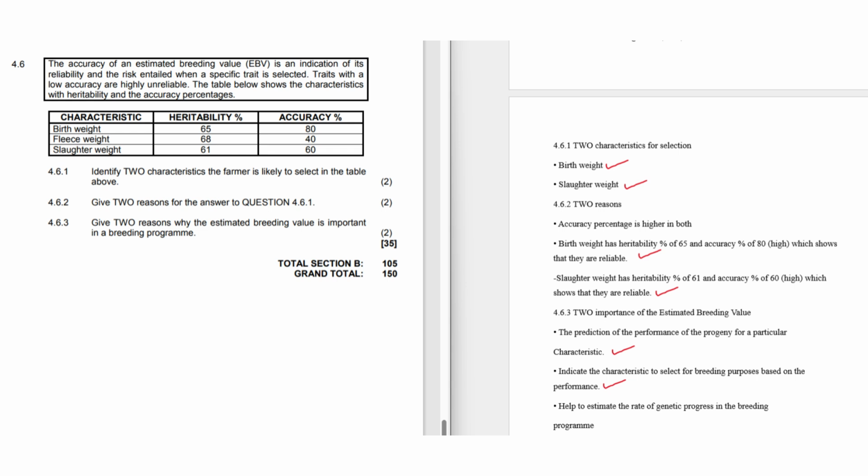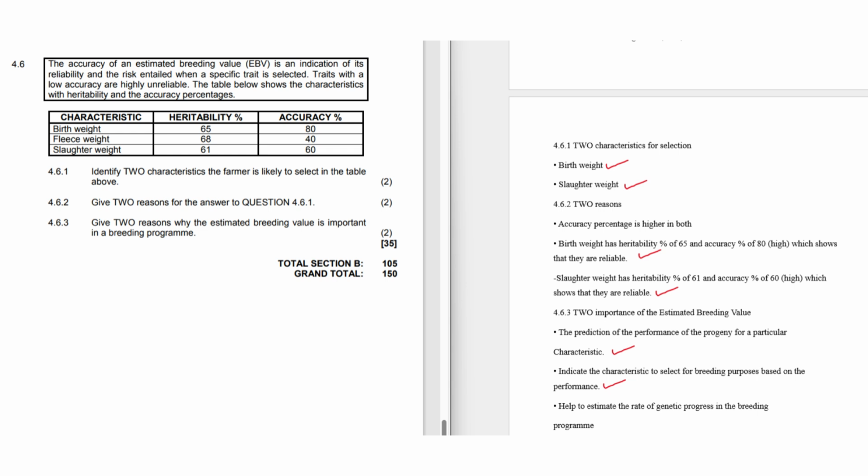So when we look at our table here, we see okay, fleece weight is the one that has the most heritability, which is 68. Okay, but it has a low accuracy of 40%, which raises some red flags about it.